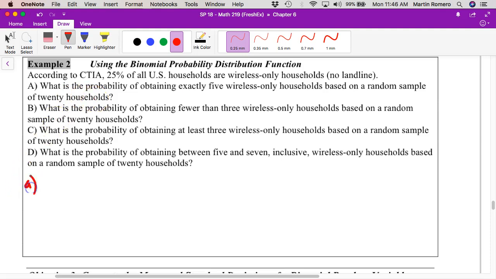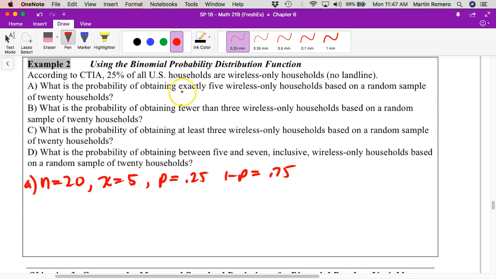For part A, we're asking 20 families, and we want X equals 5. What's the probability of having exactly 5 families out of the 20? The probability of a family being wireless only is 0.25. 1 minus P, or Q, is 0.75.